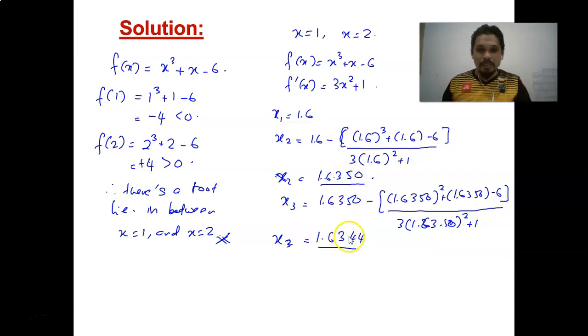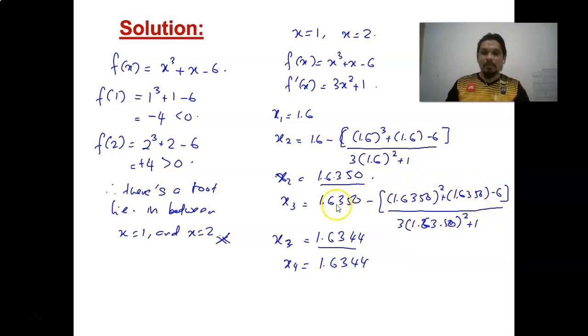The 4 doesn't change this 3 here to become 4. Okay, it retains with the 3 here. So these two are not repeating, as we recall. So then x4 again, you substitute the value here and it gives you 1.6344.